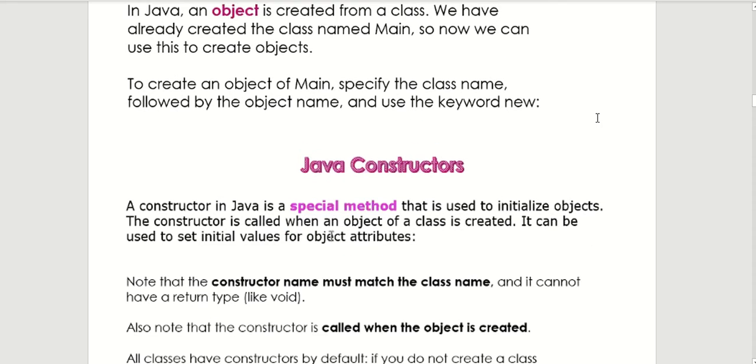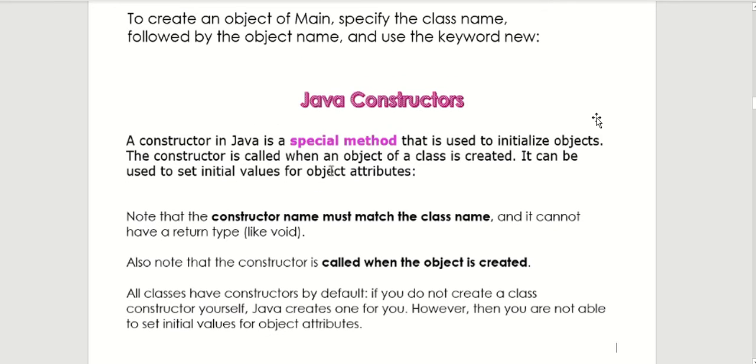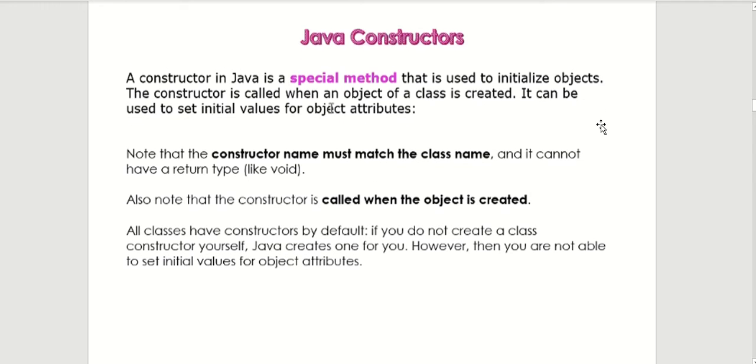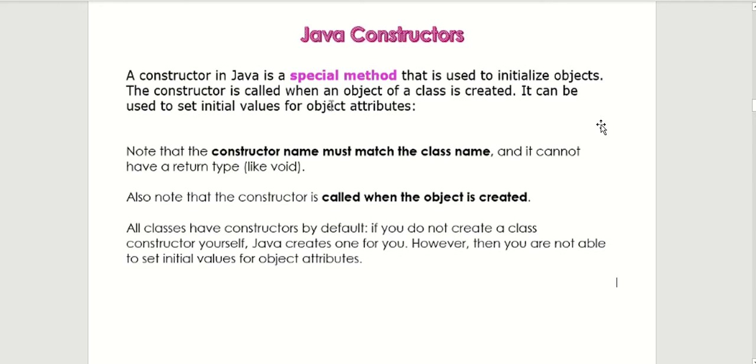Java constructors. A constructor in Java is a special method that is used to initialize objects. The constructor is called when an object of a class is created. It can be used to set initial values for object attributes. Note that the constructor name must match the class name, the same, and cannot have a return type like void.